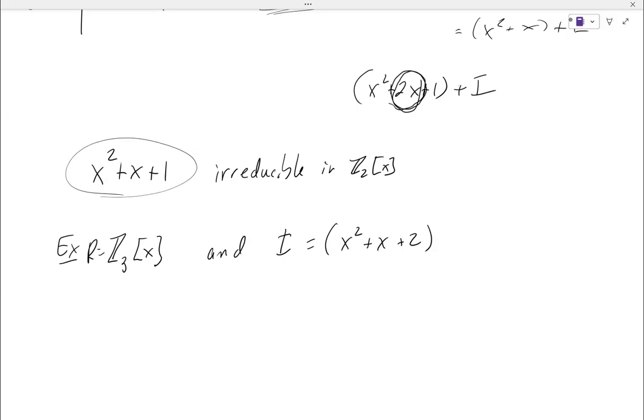So you plug in 0, you get 2. Put in 1, what do you get? Mod 3, 1, right? Plug in 2, we get 2, because 2 squared is 4, so it's 8, then mod 3 is 2, right? So this doesn't have any zeros in Z3. So this is also irreducible. So what we can conclude is that R mod I is a field.